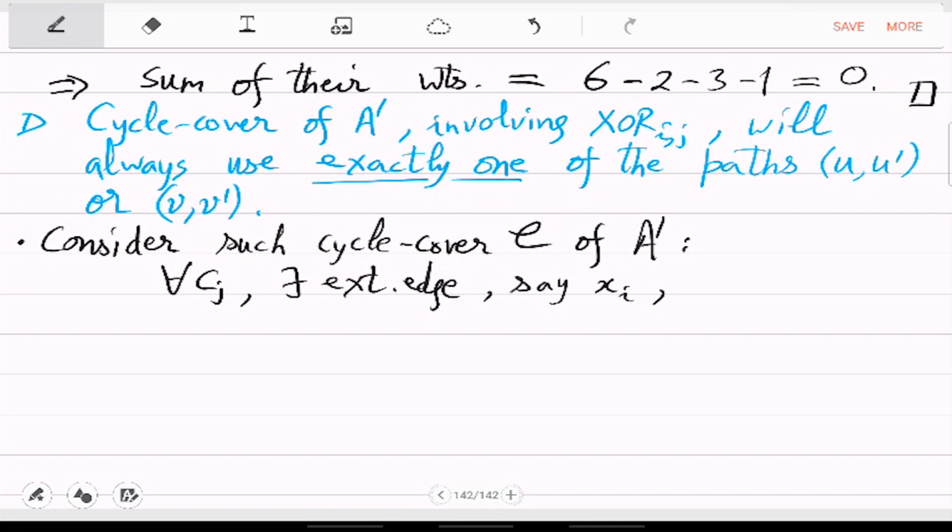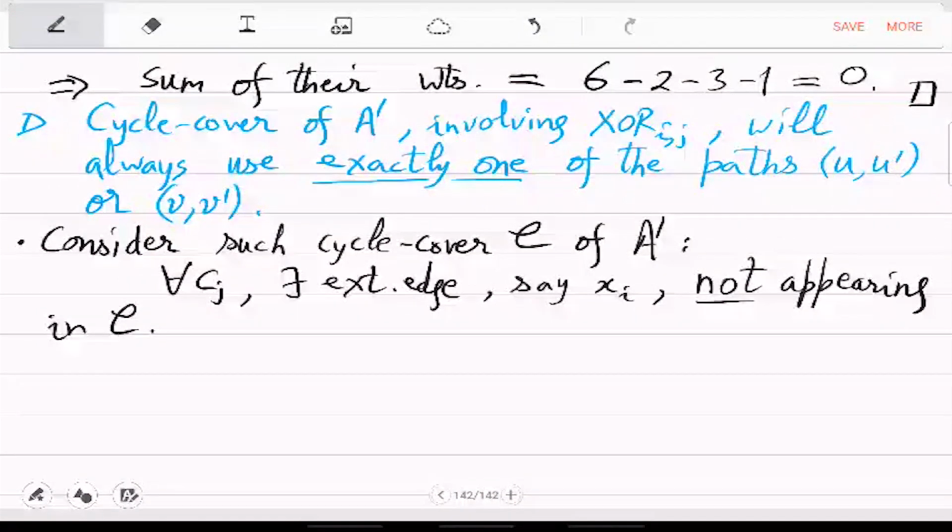So let's say xi was dropped, so not appearing in C. And now since this doesn't appear, it tells you which one of UU prime, VV prime. So in particular, VV prime is not being used. So then UU prime has to be used, and that means Xi is set to true.